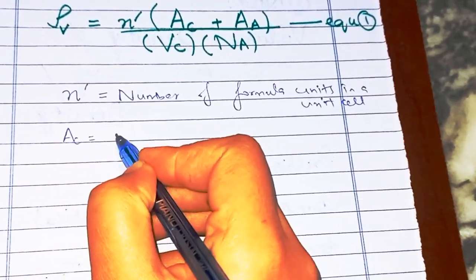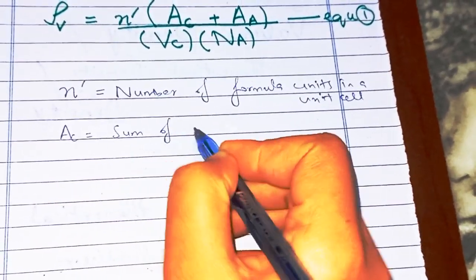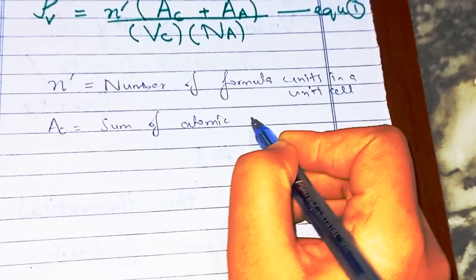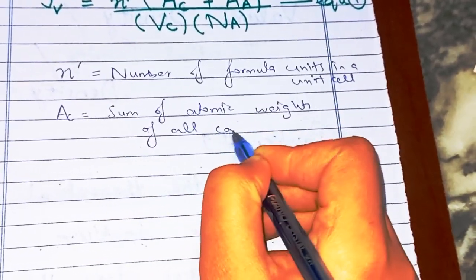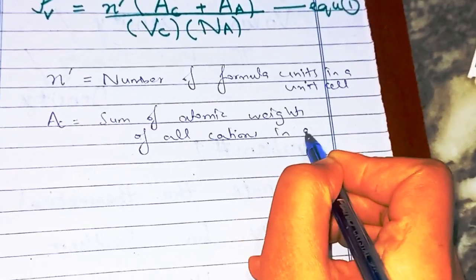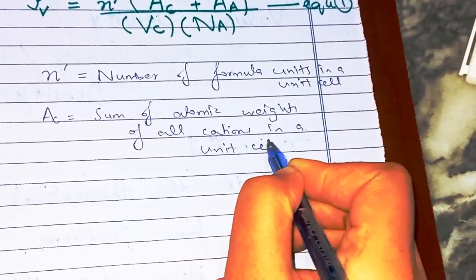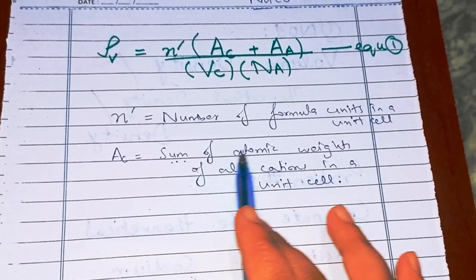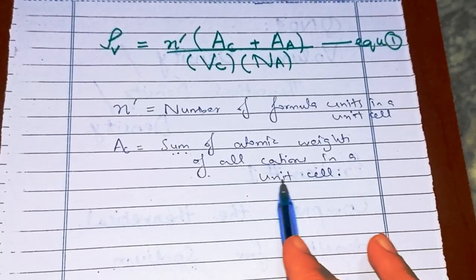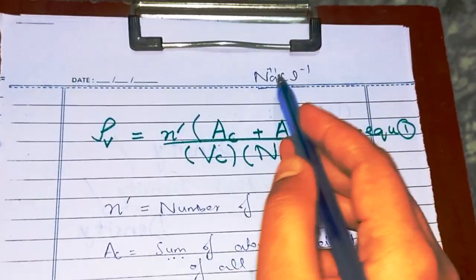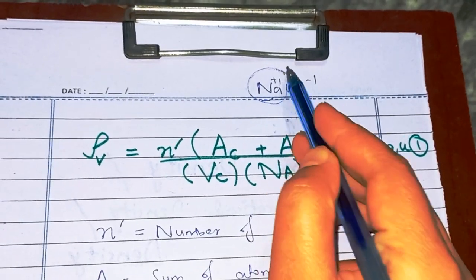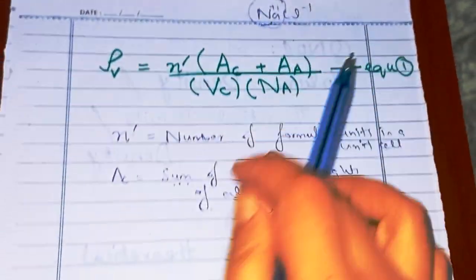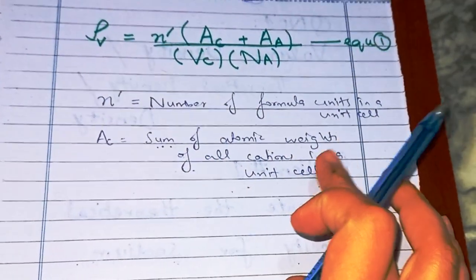Then A of cation is the sum of atomic weights of all cations in a unit cell. It equals the sum of the atomic weights of all the cations present in a unit cell. Since we have the NaCl structure here and only one kind of cation, it equals the atomic weight of sodium.